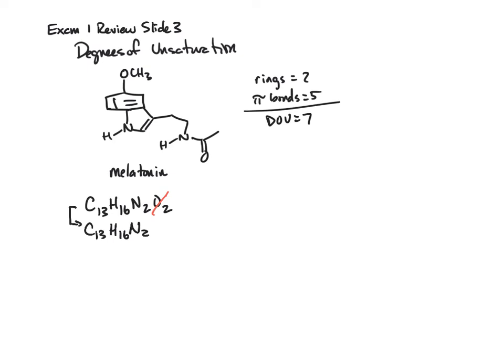Do you remember what nitrogens do to the H count? Each nitrogen subtracts one hydrogen. So this is our revised molecular formula. Now N is equal to 13. If you had 13 carbon atoms, you have to figure out how many hydrogens there would be if the molecule were fully saturated.